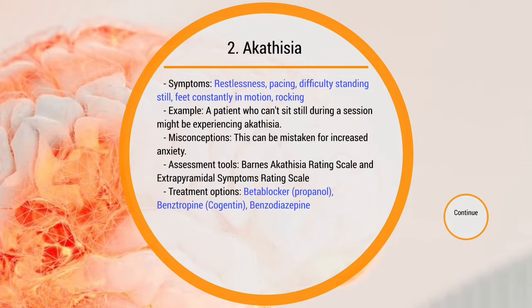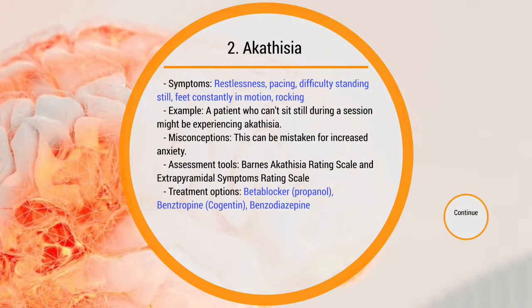What assessment tool would you use for an akathisia patient? This is important because you need to assess your patient with those tools. There are several tools, but the Barnes Akathisia Rating Scale and the Extrapyramidal Symptoms Rating Scale are two scales that we can use to assess our patients. And the treatment option: Cogentin.